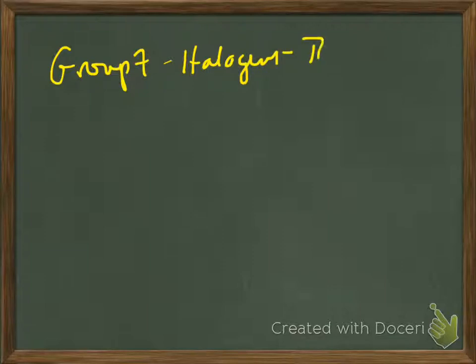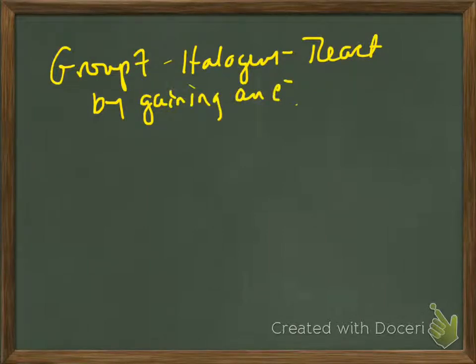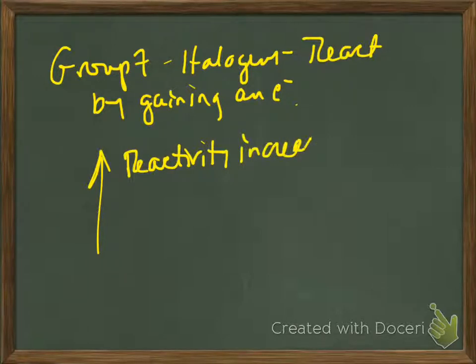Okay, so let's take a look at group 7. These are the halogens. And they are really going to react by gaining an electron. So their reactivity increases going up the group, because the smaller radius is able to attract the electron.